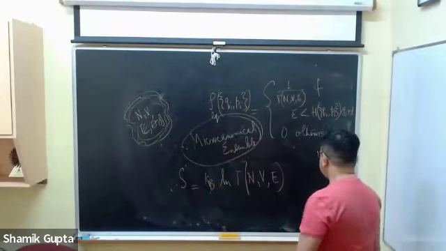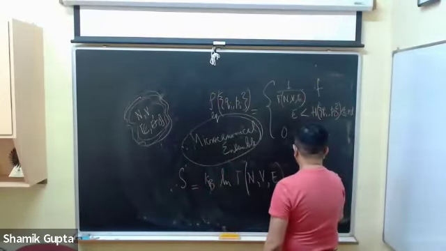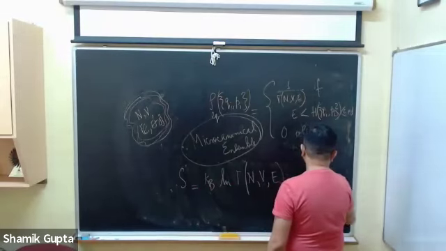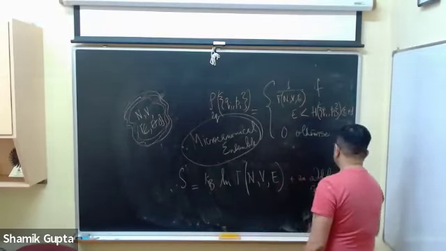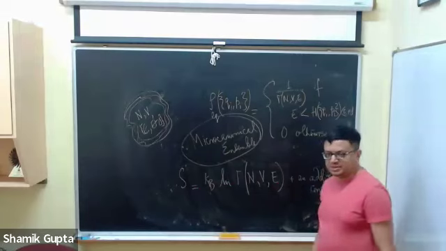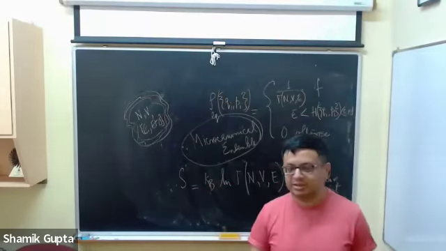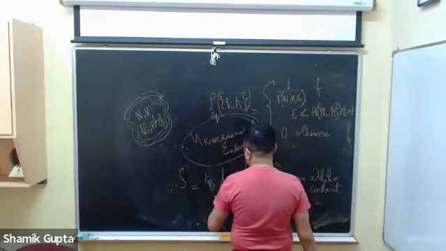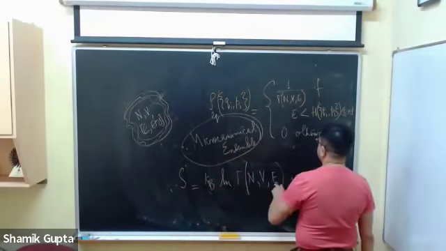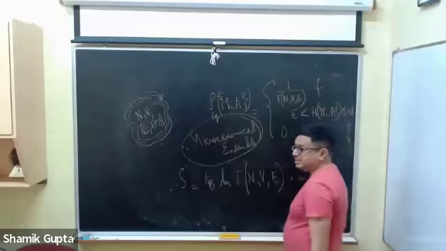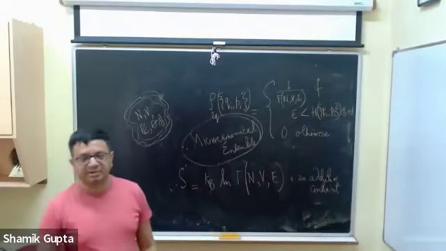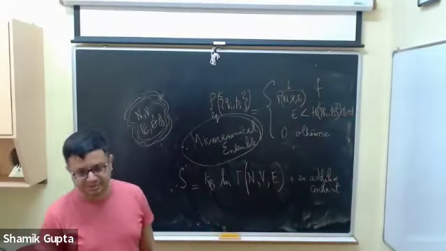Up to an additive constant that is immaterial, the entropy of the system is given by kB log of gamma(E, N, V), where gamma is the integral that I have defined, which is just the number of consistent microstates of the system.